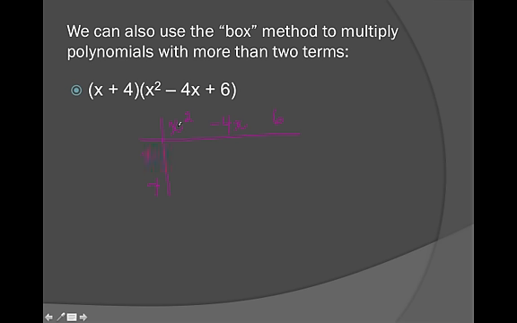So I'm going to do the same thing. I'm going to multiply here, and here. And notice along the diagonals, I still have my like terms.